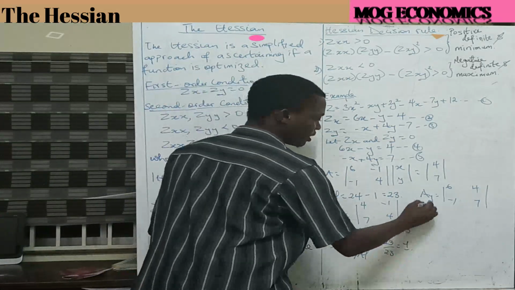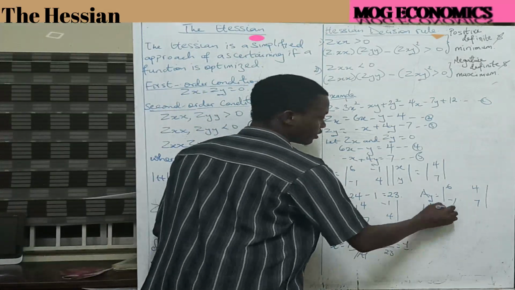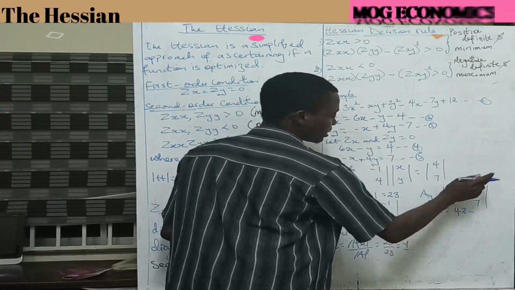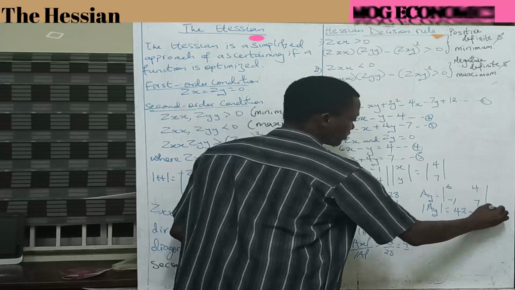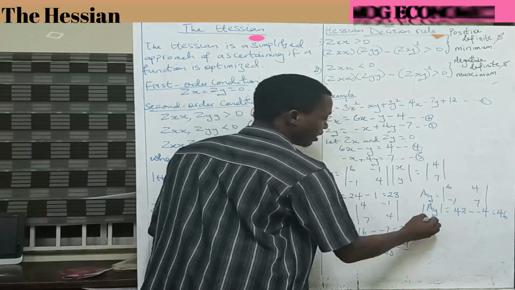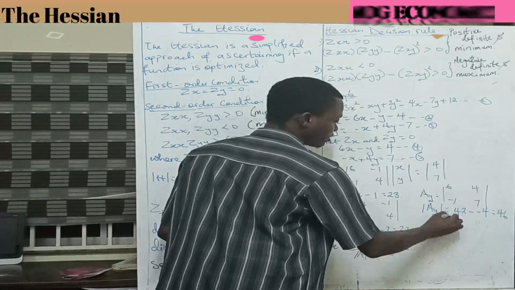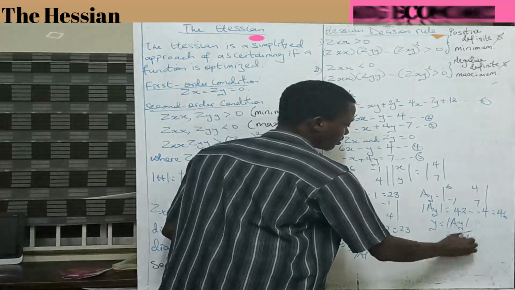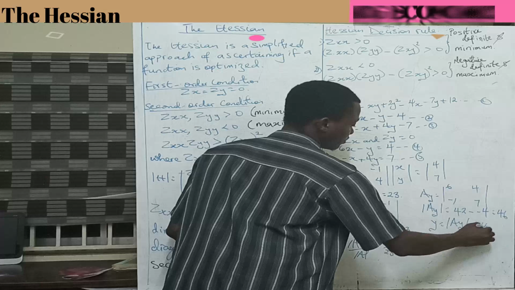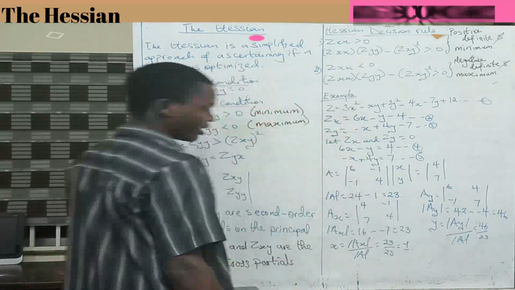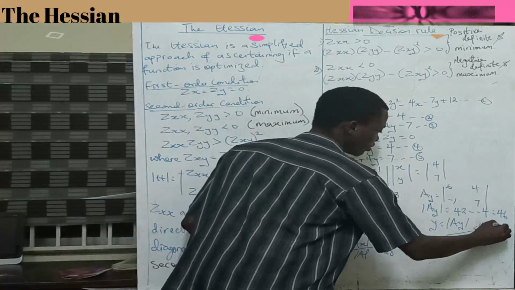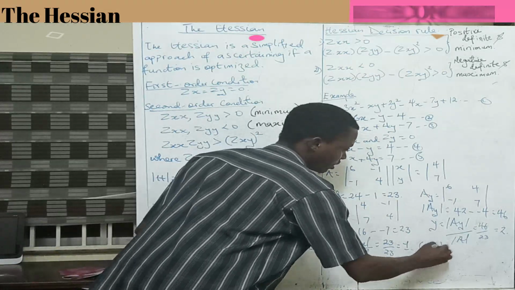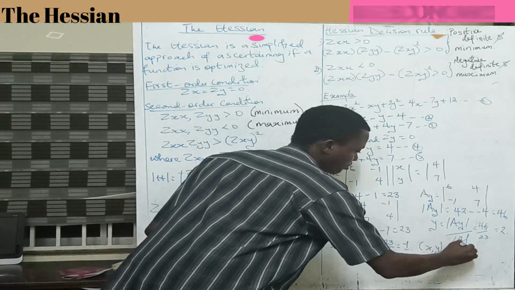The determinant of AY will give us 6 multiplied by 7, 42, minus 1 times 4, minus 4. Hmm, so this is 46, right? So y equals the determinant of AY divided by the determinant of A. We get 46 divided by 23, and that is equal to 2. So at the end of the day, our critical point (x, y) is equal to (1, 2).